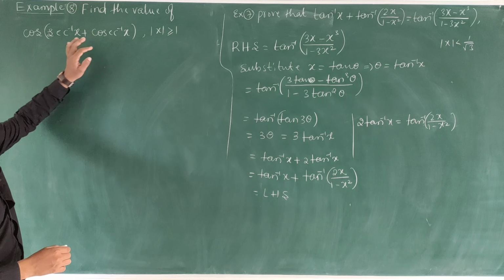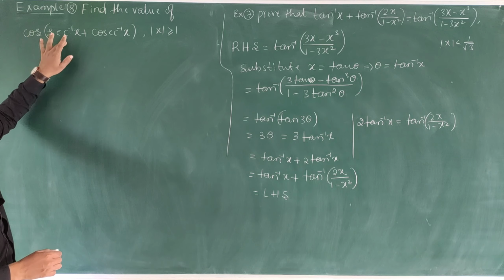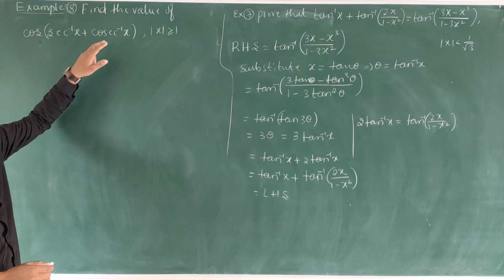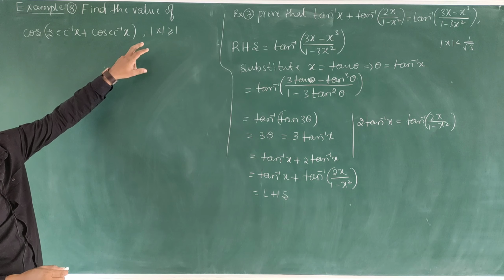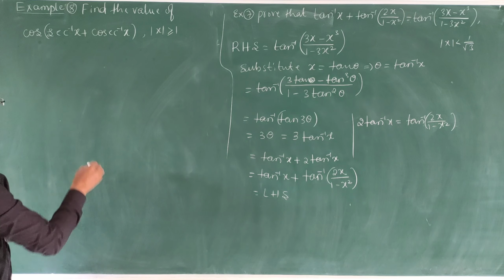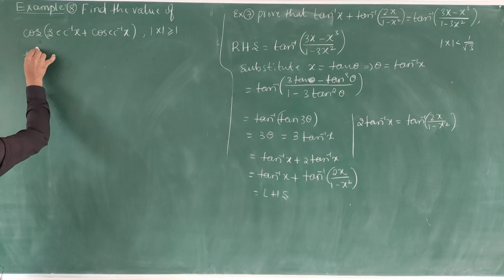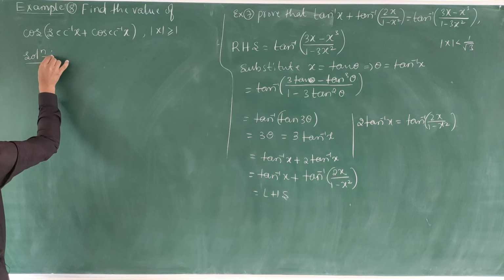Okay, right. See example number 8. Find the value of cos of sec inverse of x plus cosec inverse of x, where mod x is greater than or equal to 1. Okay, see the solution. Write the question.